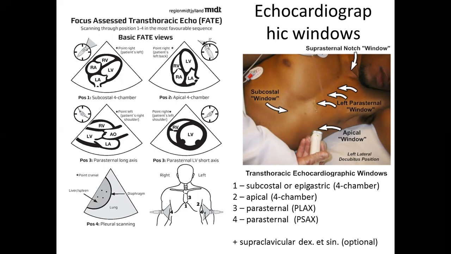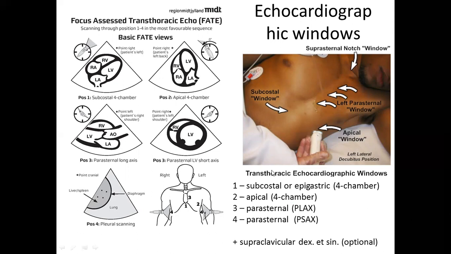Windows are the points on the chest wall where we can place the ultrasonic probe or ultrasonic transducer. You can see it right here. The patient is lying on his left side. You can see how we can press the probe into certain points of the chest to understand the condition of the heart.